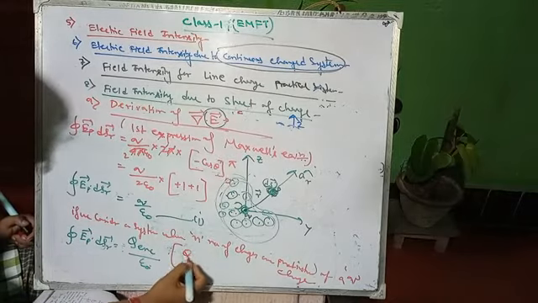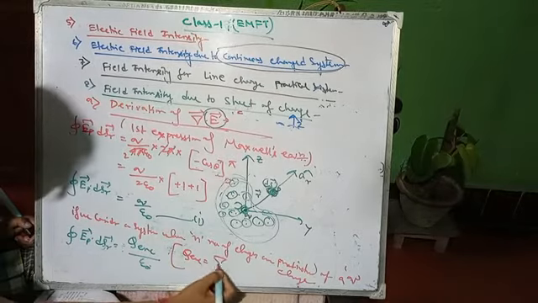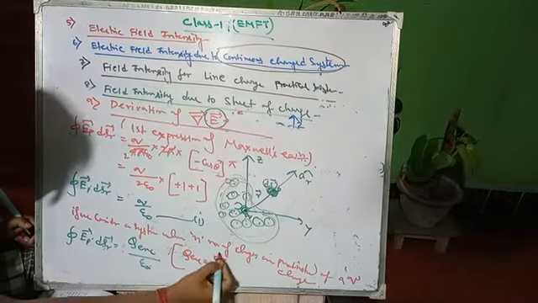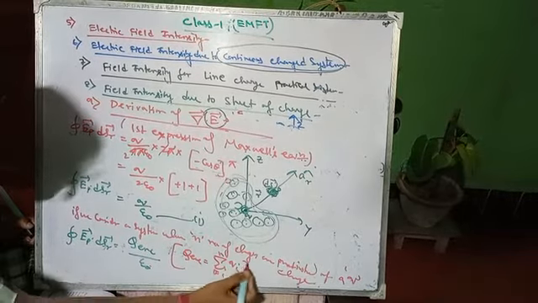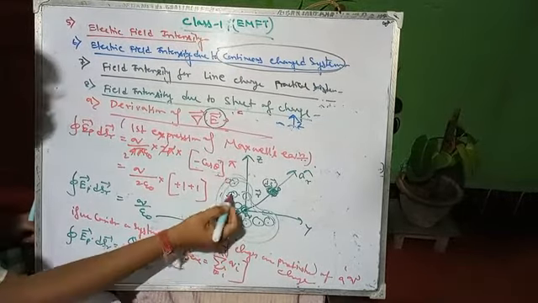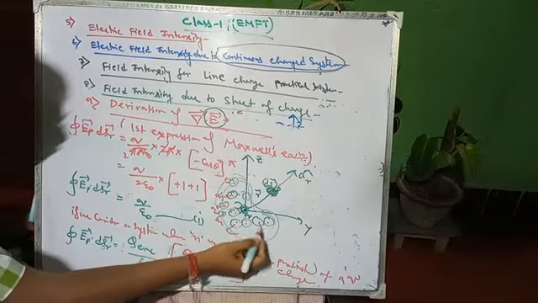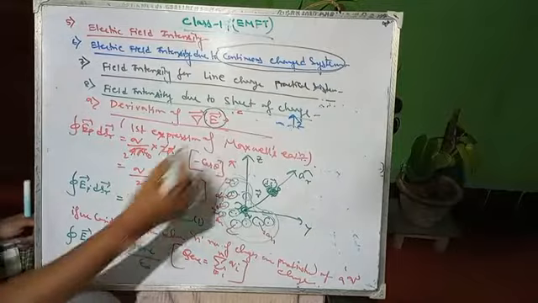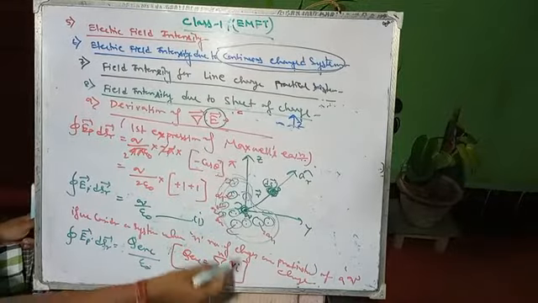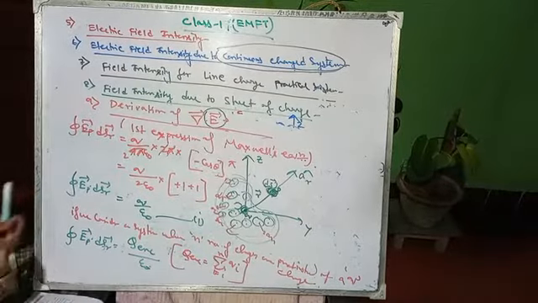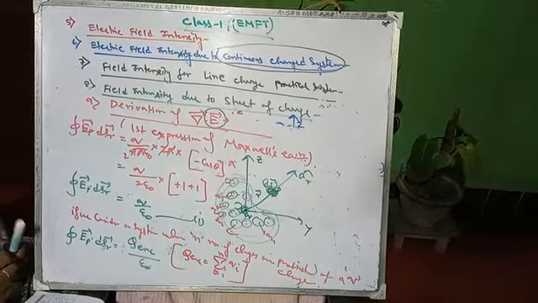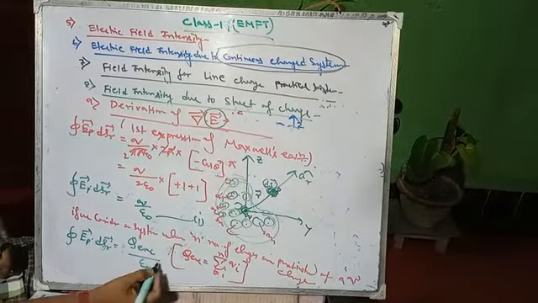It is nothing but the summation of i equals 1 to n of Q i. Suppose this is your Q1, this is Q2, Q3, Q4, up to Qn. So this is nothing but the summation of all these charges. Make it equation number 2.